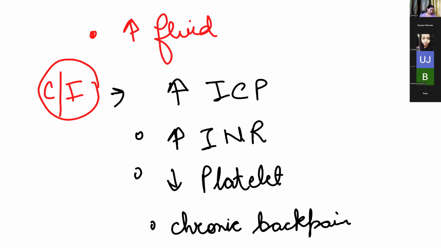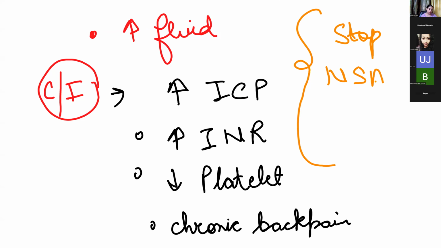One more thing is that you need to stop NSAIDs of the patient before lumbar puncture. So in the exam, if there are questions related to lumbar puncture, they are from these things only.